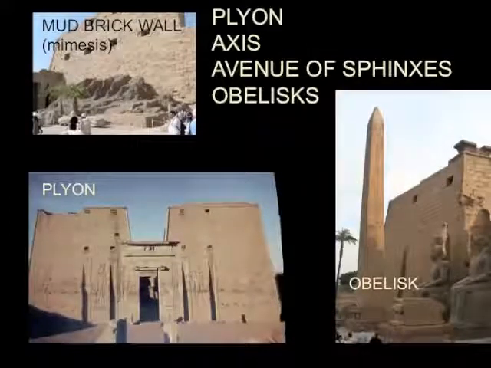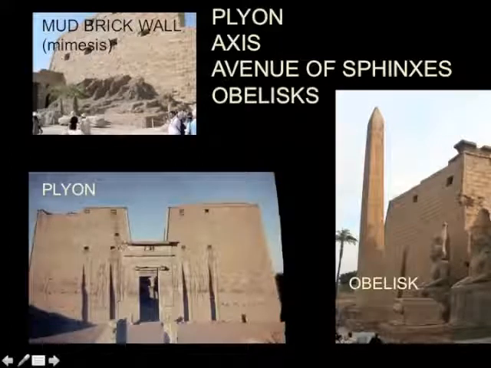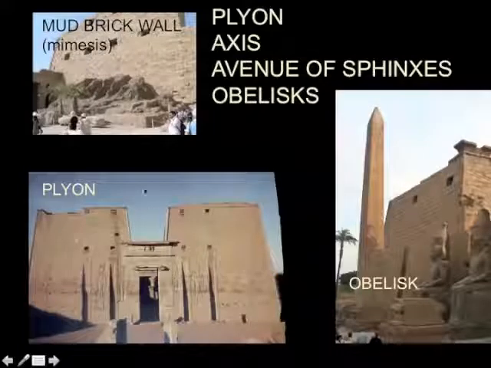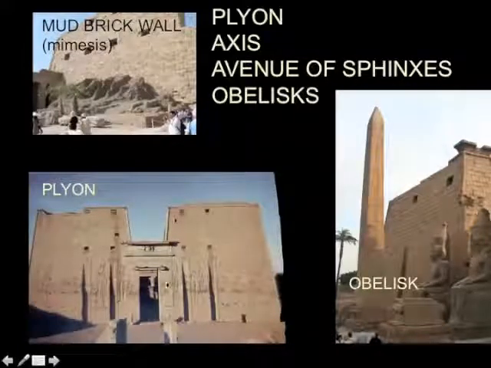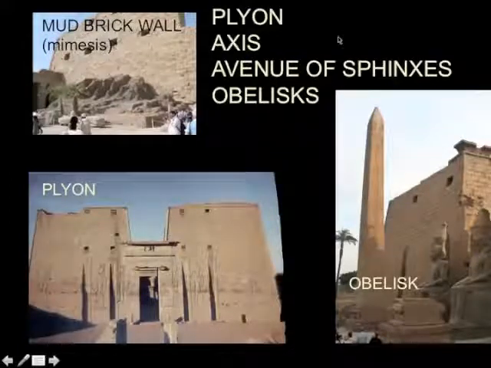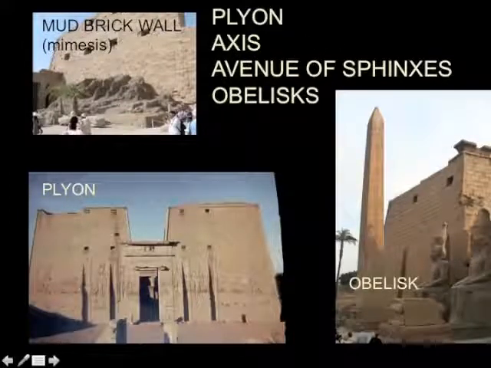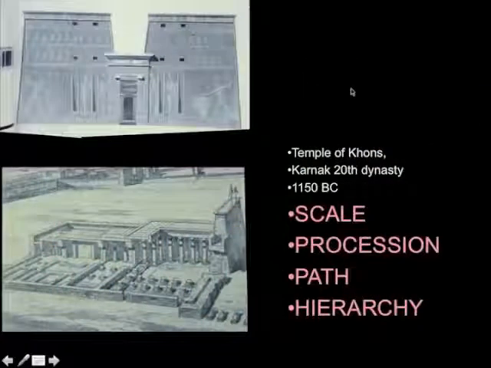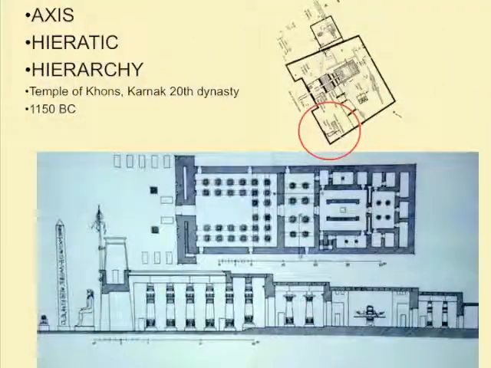And they're interesting forms because, in part, they are wall-like, defining the edge of a precinct, but they're also gate-like, permitting the axis to thread through. So here are some of the words we use: pylon, axis, avenue of sphinxes, and obelisks.